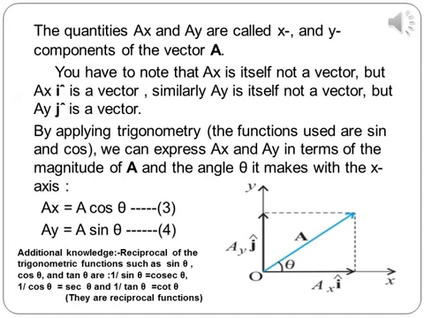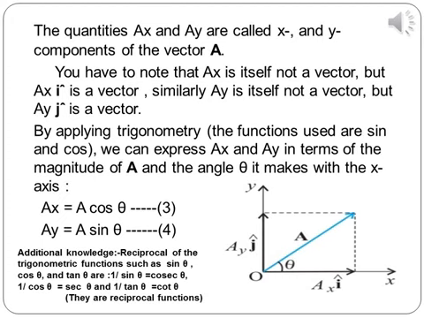So, we can express the magnitudes Ax and Ay of the vectors Ax i cap and Ay j cap respectively in terms of the magnitude of vector A and the angle theta it makes with the x-axis.